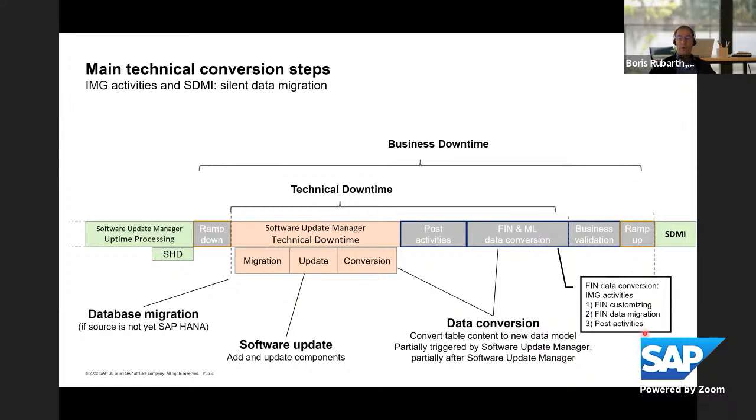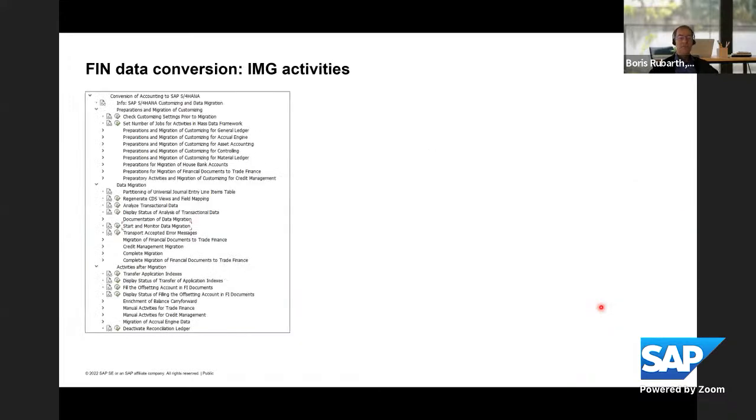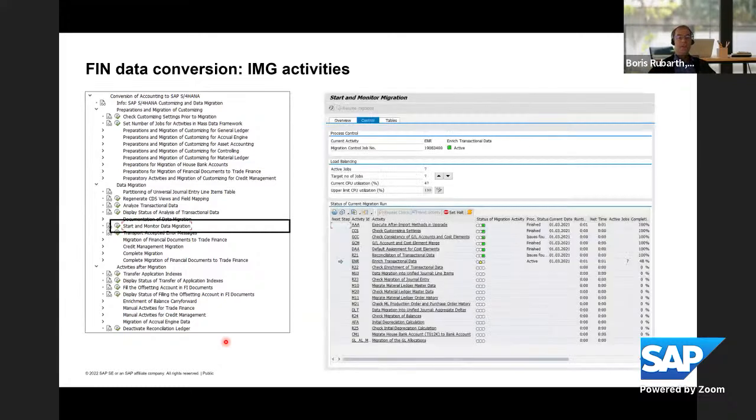Now, a short look on this Fin data conversion activities in the IMG. This is a screenshot of the IMG activities where there are some preparation activities, Fin customizing. And then there's one entry called Start and Monitor Data Migration. So that is a transaction here in the system where you or a Fin expert will trigger this conversion. There are steps here to be executed, and you will have to consider that this all works out.